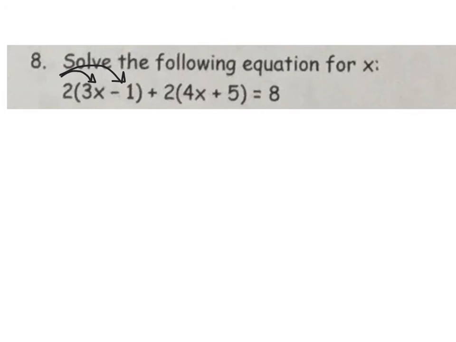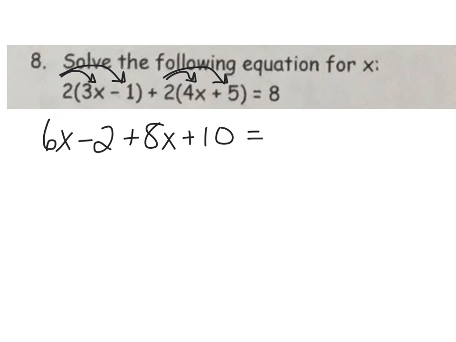So 2 times 3x is going to give me 6x. 2 times negative 1 is going to be minus 2. Now I need to distribute 2 times 4x and 2 times plus 5. So 2 times 4x is plus 8x, and then 2 times 5 obviously is plus 10. So there we go, equal to 8, and then you can combine like terms and then solve for x.